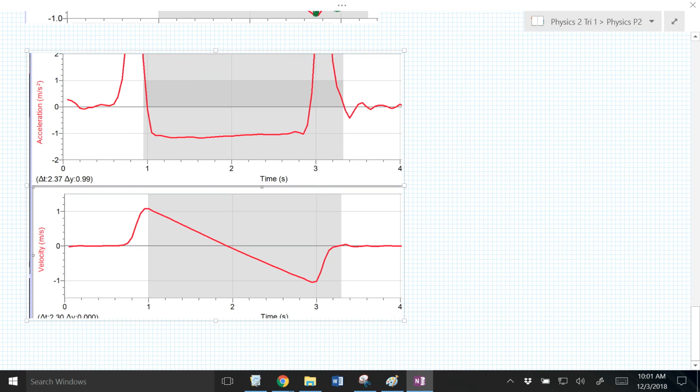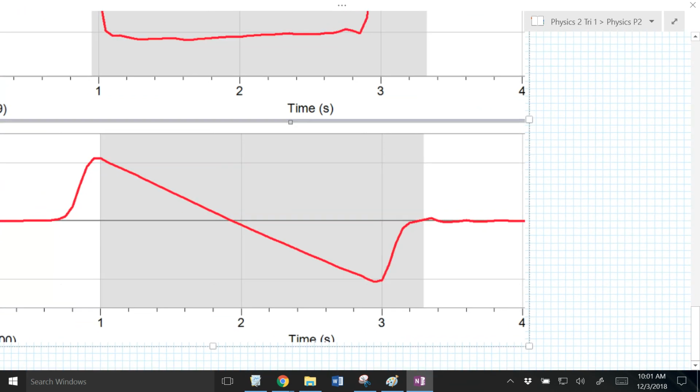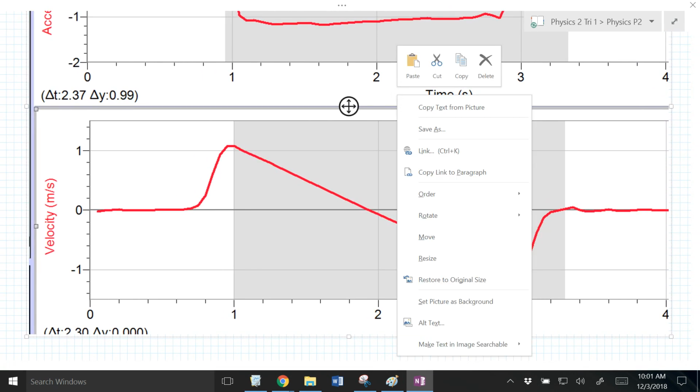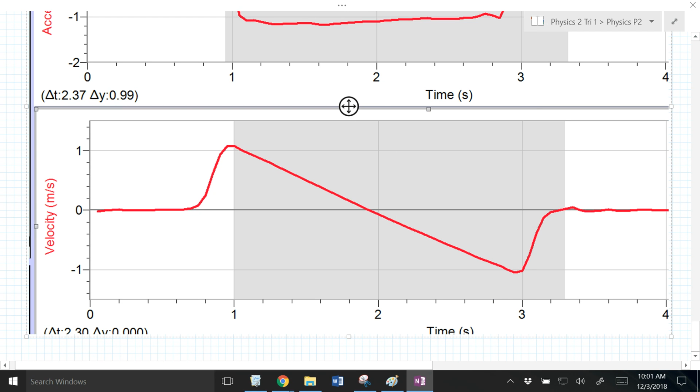So if we were to go in and try to calculate the slope value here numerically, we start off here with a velocity of 1 meter per second, and that's at time 1 second.